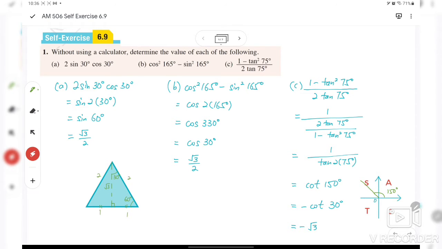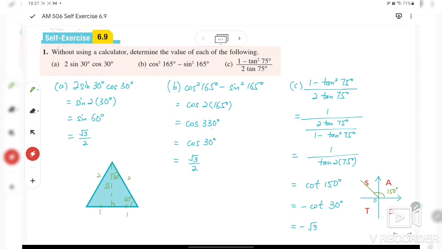B. Cosine square of 165 degree minus sine square of 165 degree. So this is the cosine 2 times formula, where we have cosine 2 times 165 degree. So we get cosine 330 degree, which is in the fourth quadrant.